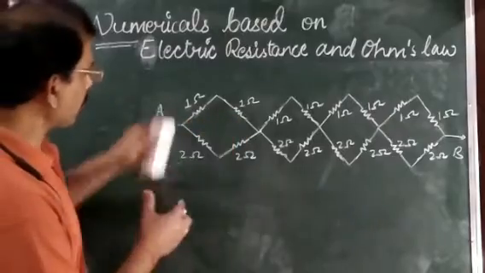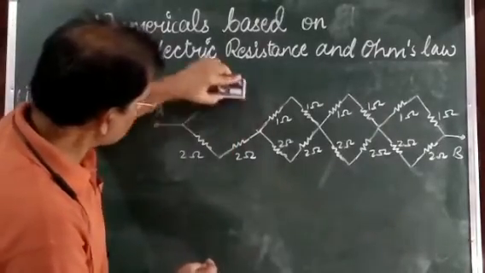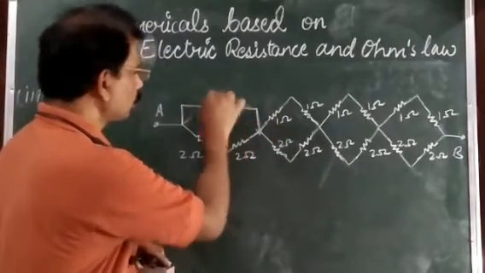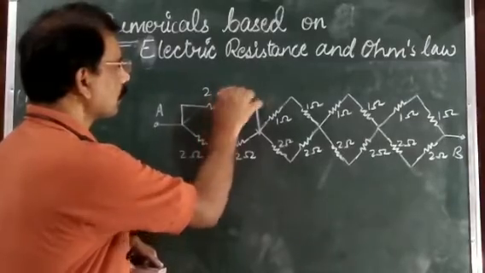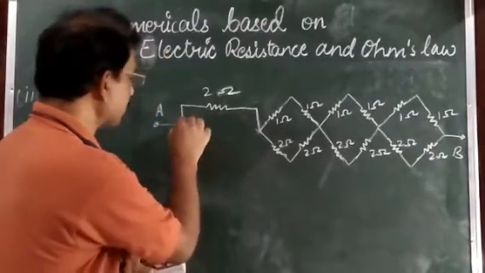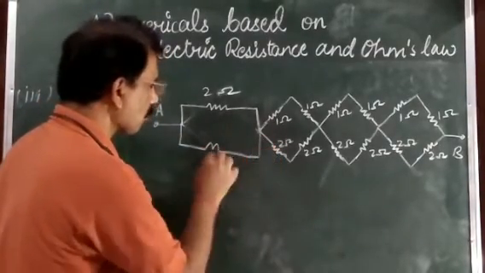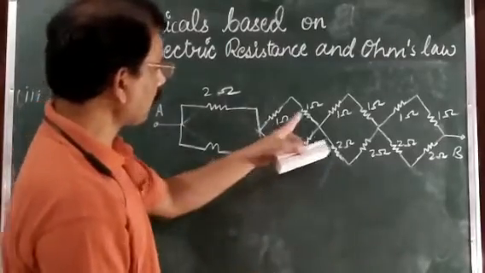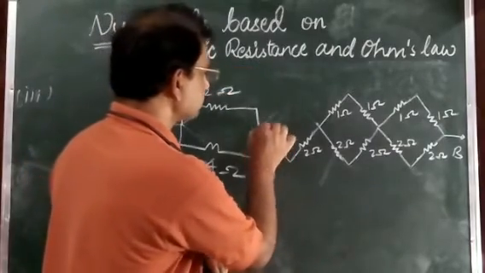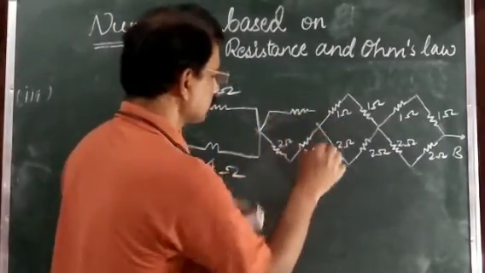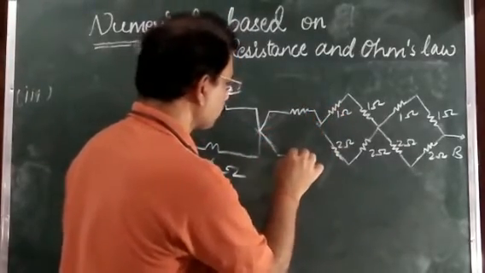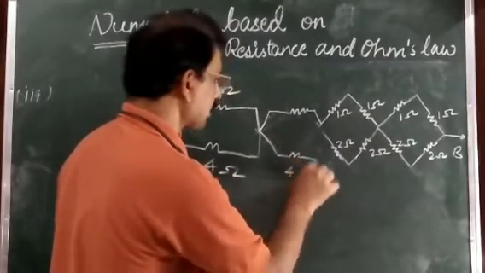Their equivalent, you can put a single resistance of how many ohm? You can put here 2 ohm. And similarly, 2 ohm and 2 ohm both are in series. Their equivalent, you can write here 4 ohm. Similarly here, 1, 1, 2. So this one can also be replaced by a single resistance of 2 ohm, and this one can also be replaced by a single resistance of 4 ohm.